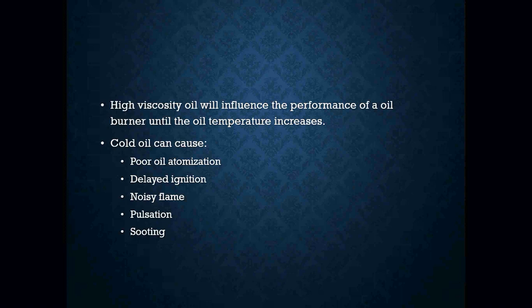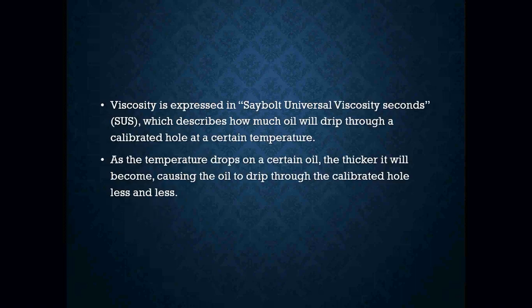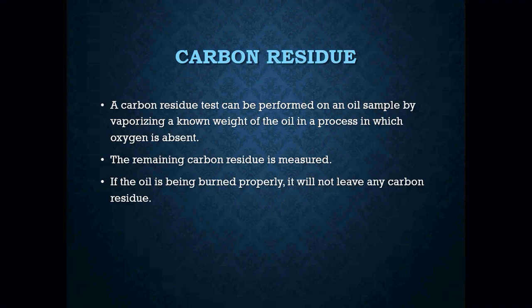Okay, just think about viscosity. If it's a thick oil, it's not going to atomize very well, and you're going to have sooting and issues. Viscosity is expressed in Saybolt Universal Viscosity Seconds, which describes how much oil will drip through a calibrated hole at a certain temperature. And as that temperature drops on a certain oil, the thicker it will become, causing the oil to drip through the calibrated hole less and less.